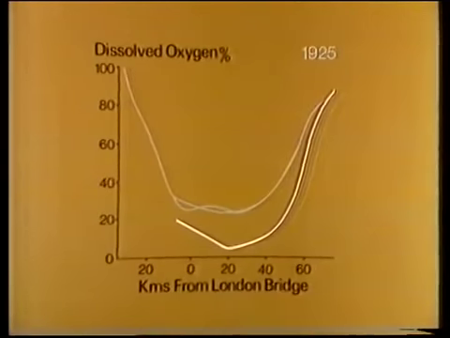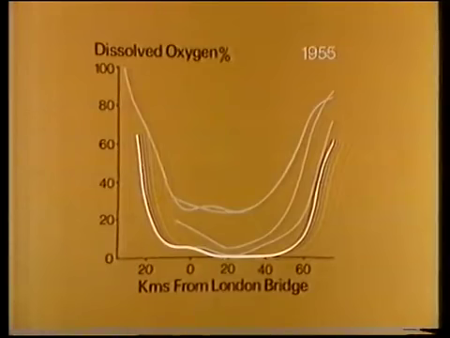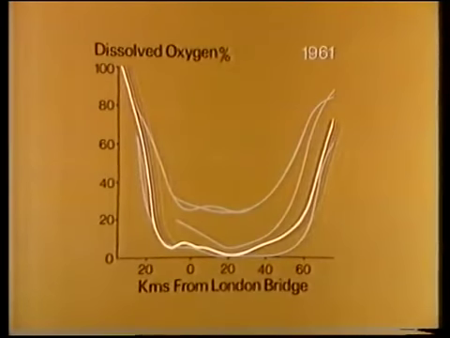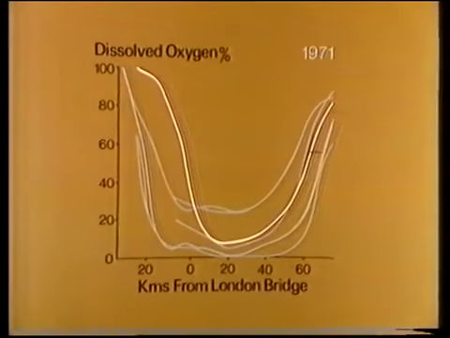The 1950s were a crisis period. With no oxygen, the river was dead. A major factor in the recovery since then was the development of the mathematical model. And by 1975, the oxygen concentrations were on the way to recovery.